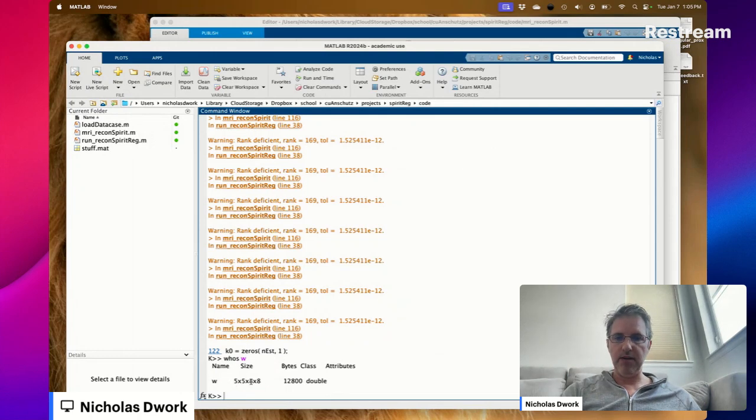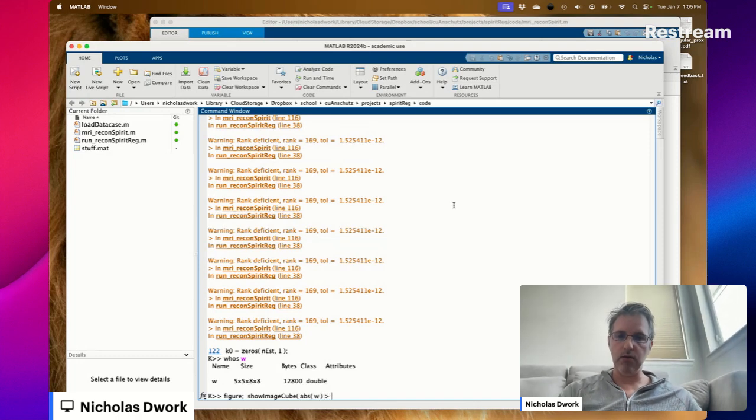So W is 5 by 5 by 8 by 8. That's because for each of the 8 coils, we've got a 5 by 5 by 8 quote unquote convolution kernel. It's not a real convolution kernel, it depends on what you mean by convolution, but it's not a 3-dimensional convolutional kernel. It's not a 2-dimensional convolution kernel. So we'll put it in quotes. Okay, anyway, so figure, show image cube.